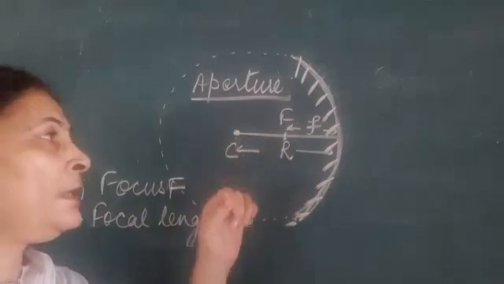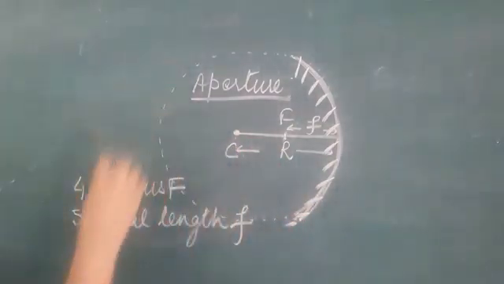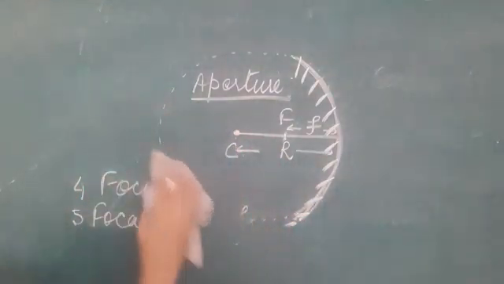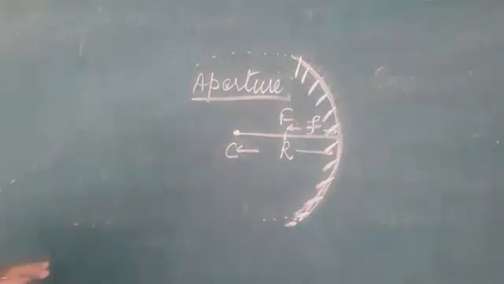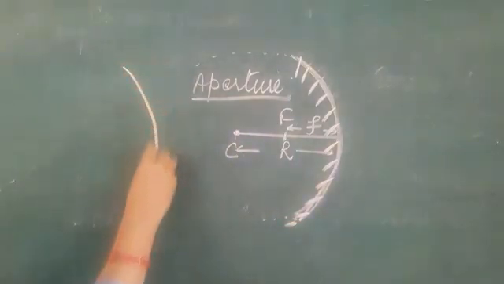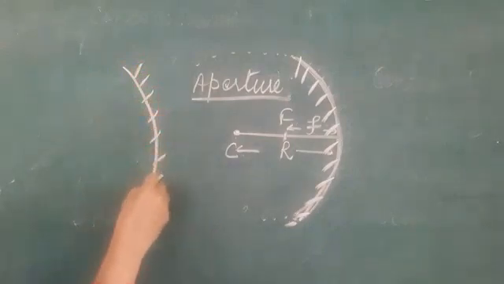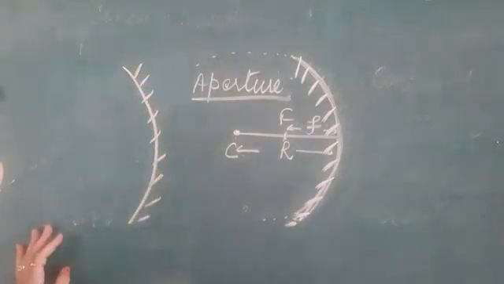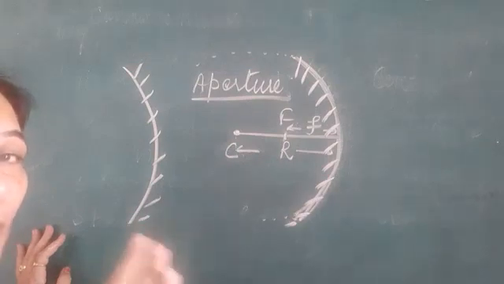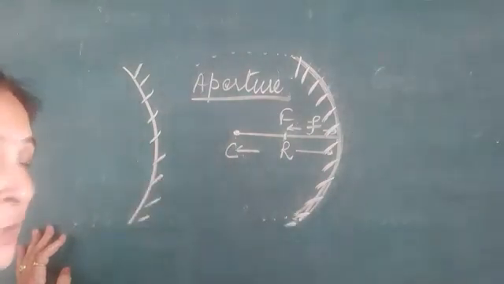Now the difference will be, see, when you have a concave mirror, I'll just rub this off. When you form the image, the ray of light shall fall not on the polished side, but on the other side of the polished one.